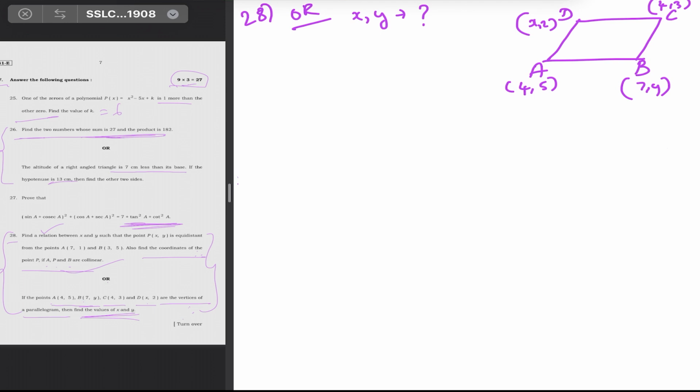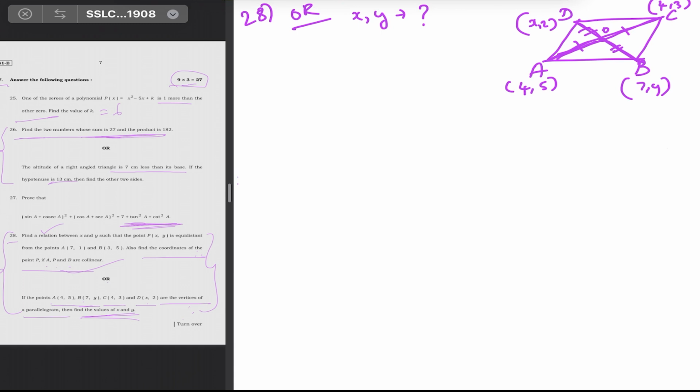We know the properties of the parallelogram, which says the diagonals of a parallelogram bisect each other, which means if this is the point O, this will be the midpoint of AC as well as BD. Bisect means it divides the diagonal into two equal parts. Hence, it will be the midpoint.